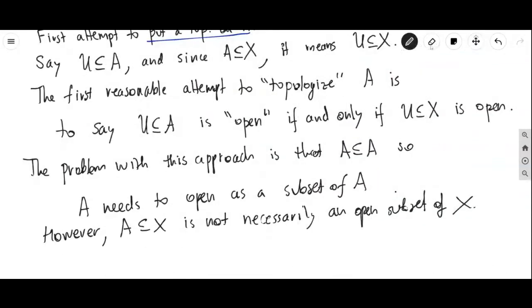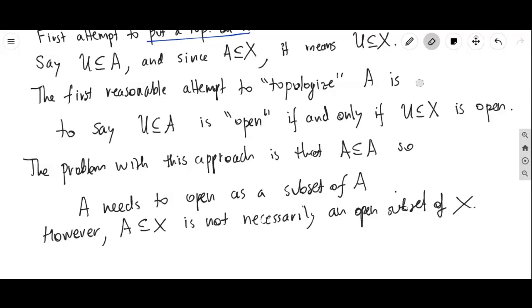You can then say that the open subsets of A are exactly the open subsets of X that are contained in A. Because if A itself is already open, then A is a subset of itself, but it's also an open subset of X, and so A would therefore be open as a subset of A. However, A is not necessarily open, so this approach does not quite work out. So we have to do something that's a little bit different.